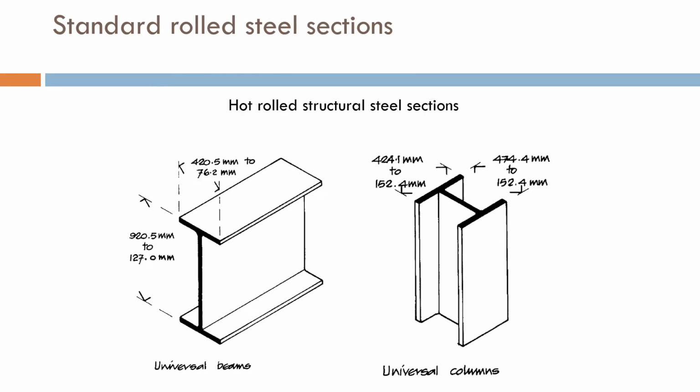Now, these are standard rolled steel sections. Hot rolled steel sections like we have seen before. This is a universal beam and this is a universal column. The beam has more depth and the column has more thickness of the web and flange. I hope you can understand why that would be, that this is not as deep as that.